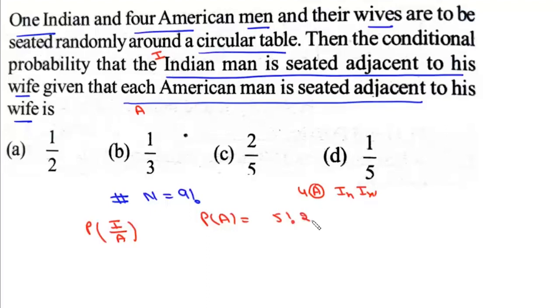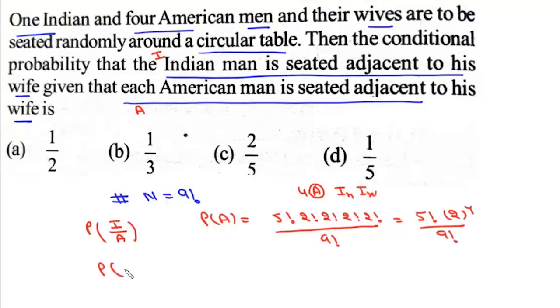Now each American couple can be arranged in factorial 2, factorial 2, factorial 2 and factorial 2 ways. So this probability will be factorial 5 into factorial 2 to the power 4 divided by factorial 9.